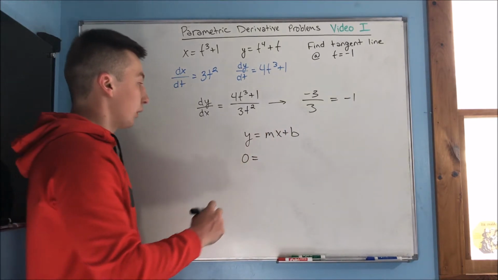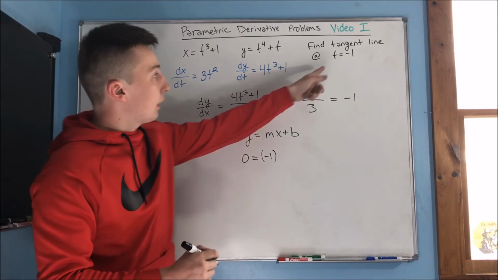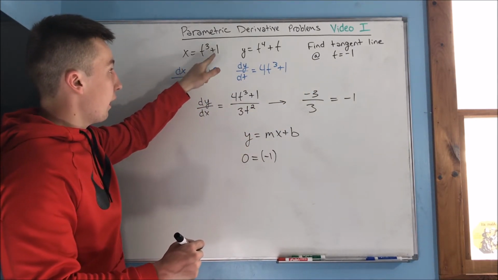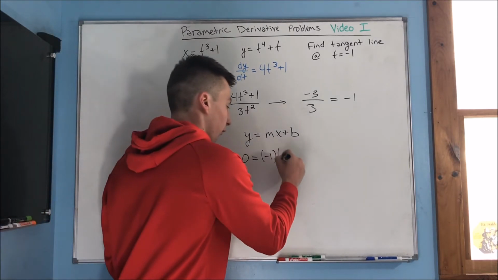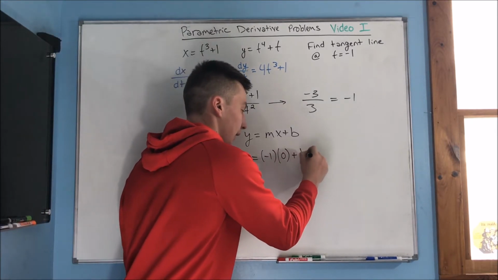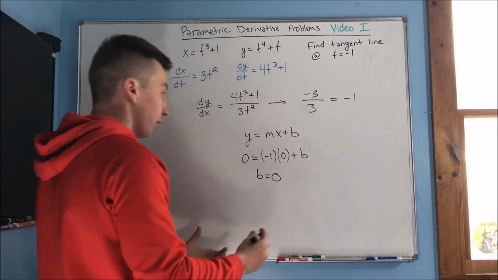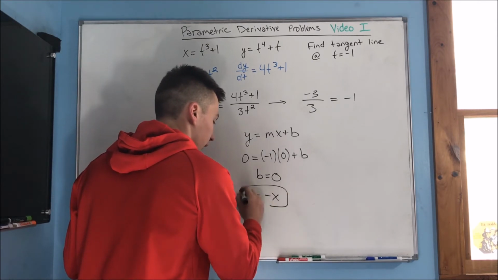Our m is -1. And what's our x? Well, if we plug in -1 for t here, we get -1, and then we have to add 1, so that's going to be 0. So -1 times 0 plus b. As you can see here, b equals 0. So the equation for our tangent line is just y equals -x.